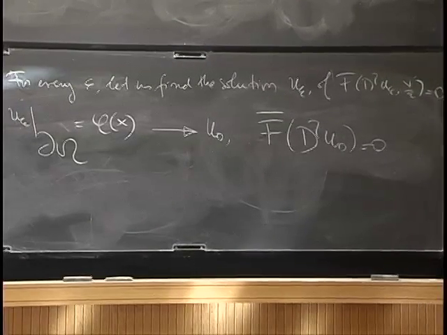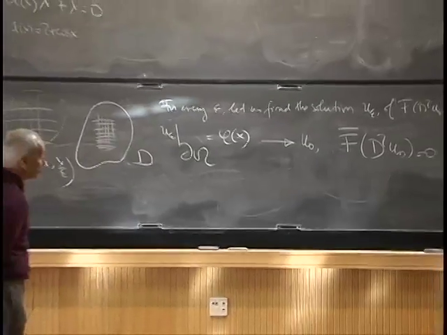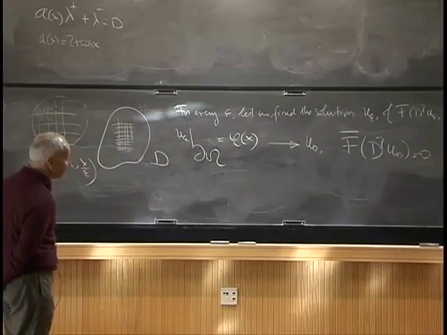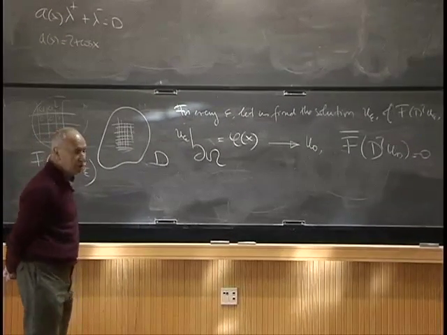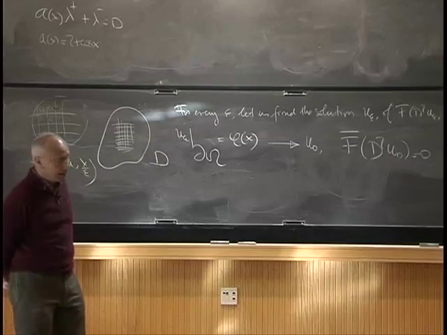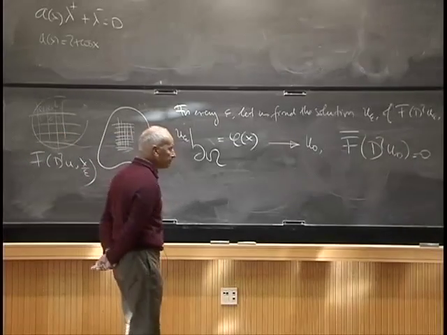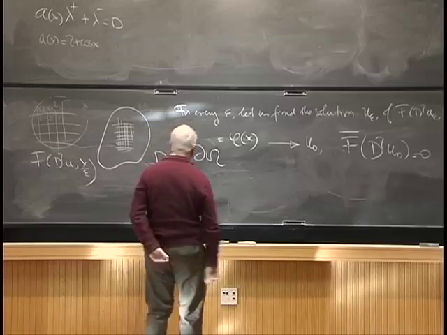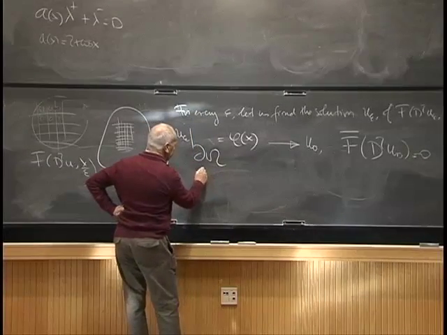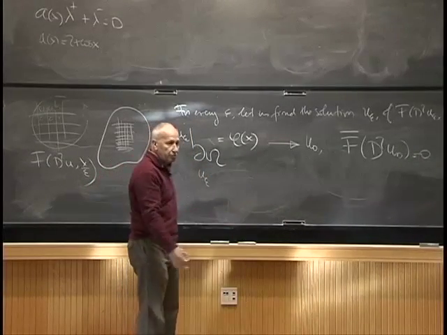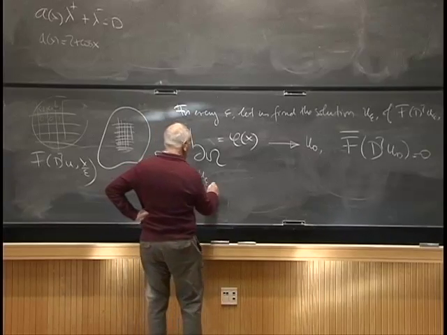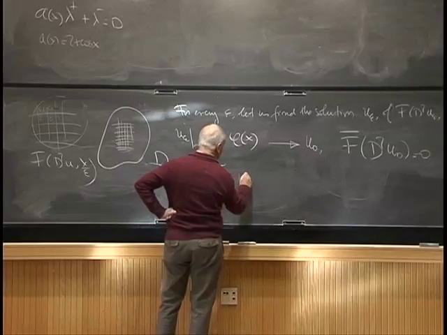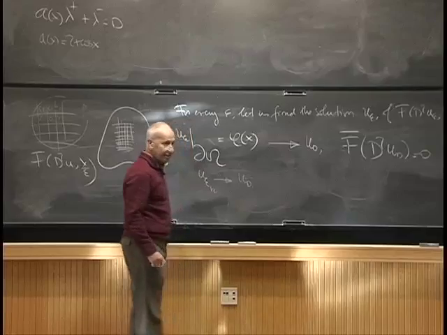And so what are you going to do to prove that? Well, suppose that you have the solution u0 of that problem, or the limit of some subsequence. They are all Hölder continuous, so there is some subsequence u epsilon k that converges to a function u0, right?